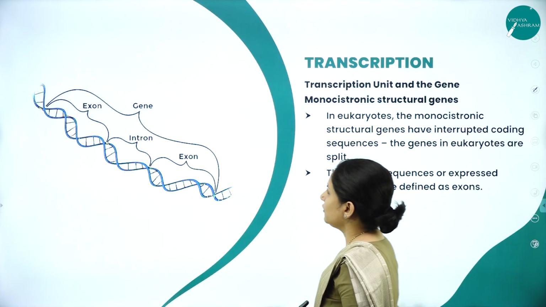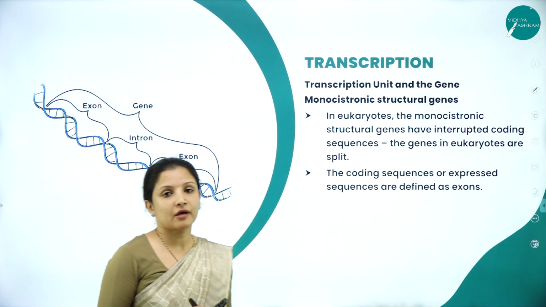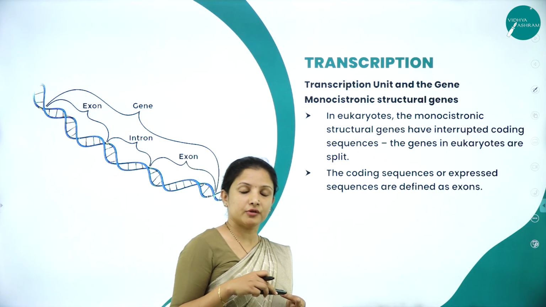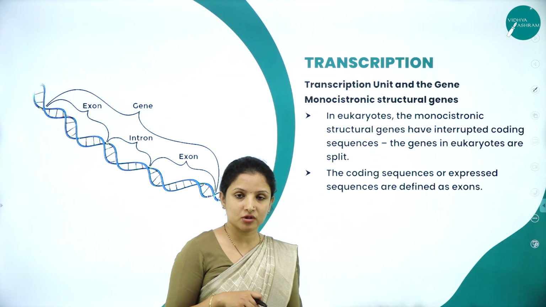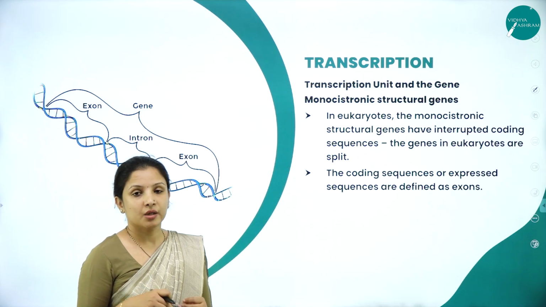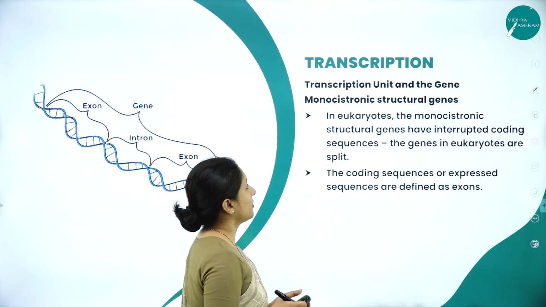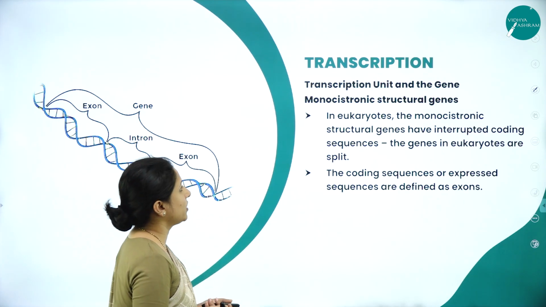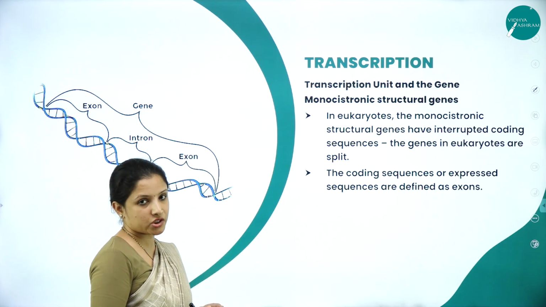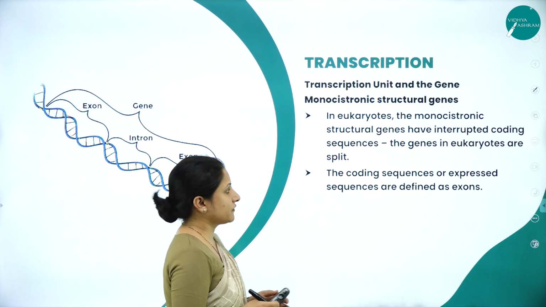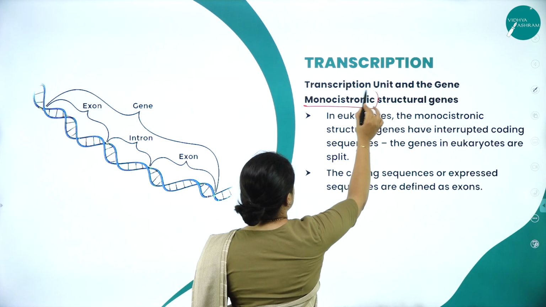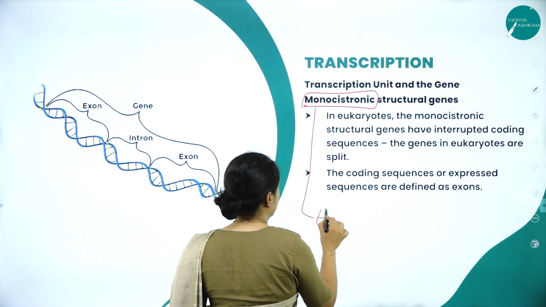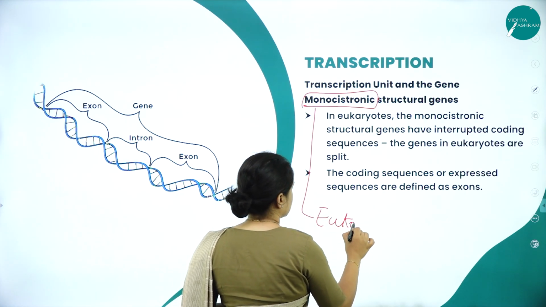So moving further, we have to know about other things. Now you know about the coding strand, you know about the template strand, then you know about the transcription unit, that is the promoter region, structural genes and terminator region. So we'll move to learning about the genes which are present. So we have monocistronic structural genes. There are two types of genes, monocistronic and polycistronic. The monocistronic structural gene is usually seen in eukaryotes.